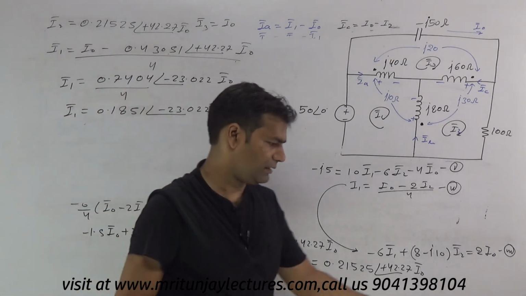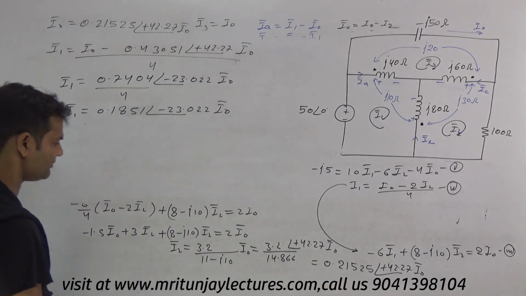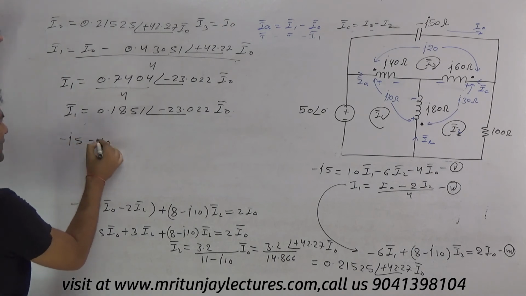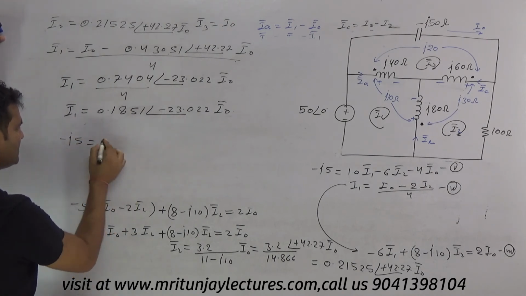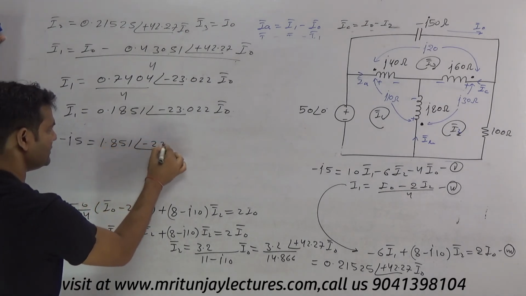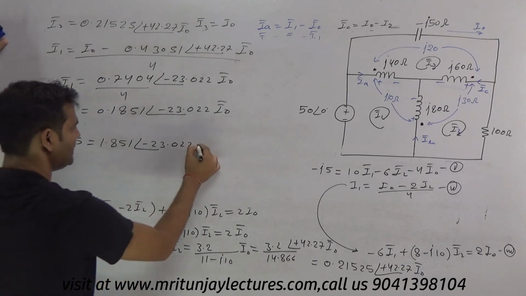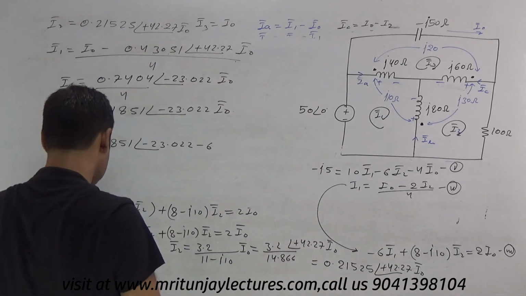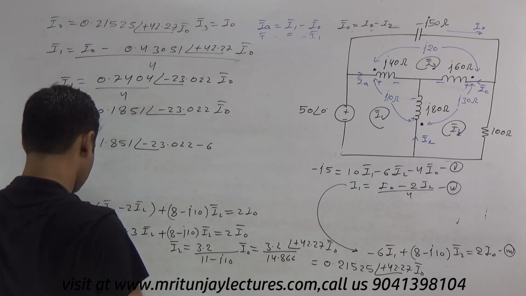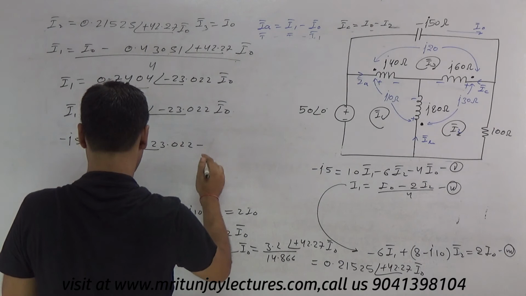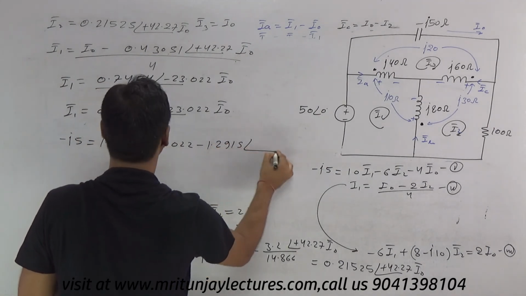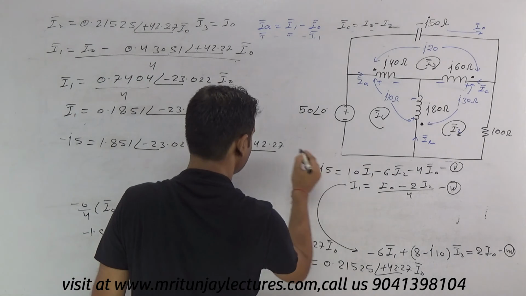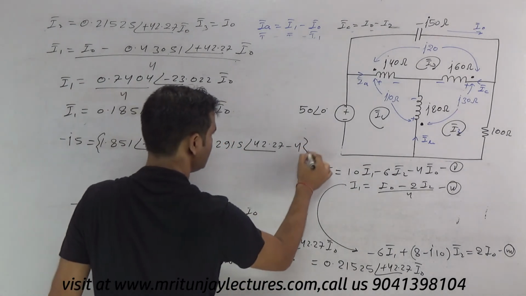Okay, if I1 and I2 putting in equation number 1, so 10 I1, that is 10 means 10 into something, it means direct you can write now at the angle minus 23.022, minus 6 into I2, 6 into I2 means 6 into 0.21525, that is direct you can write now 1.2915 at the angle 42.27, minus 4 into I naught.